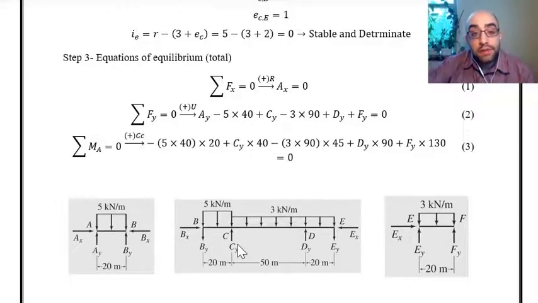The other thing that is very important if we want to solve this problem is that when you are breaking the beam into segments, make sure you put the correct direction of the forces in the hinge. What I mean by that is at point B, I don't have any information about the forces at point B, right?